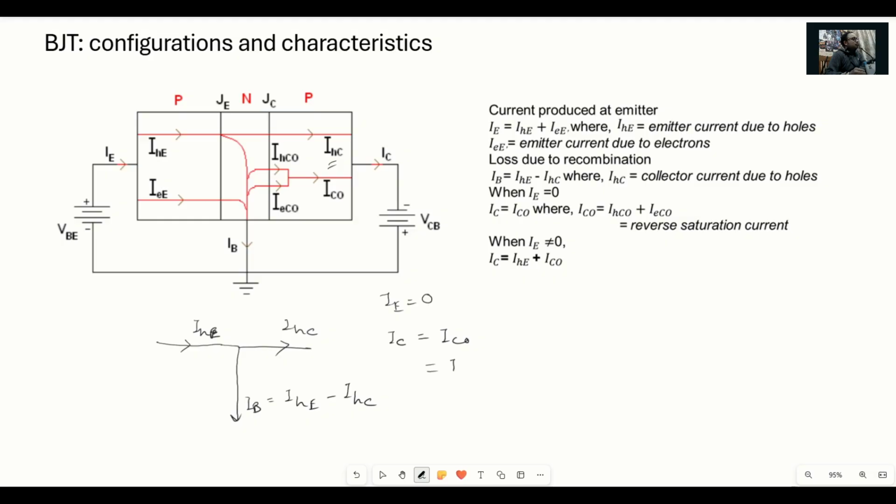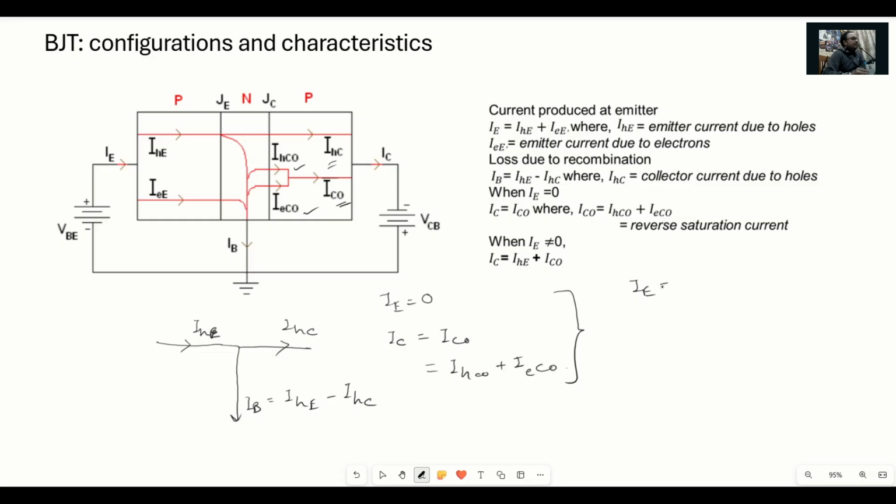This ICO has two components, one due to holes and one due to electrons. So it is IHCO and IECO. As you can see here, this is ICO, which has two components, IHCO and IECO. This is the condition when we have the emitter current to be 0.